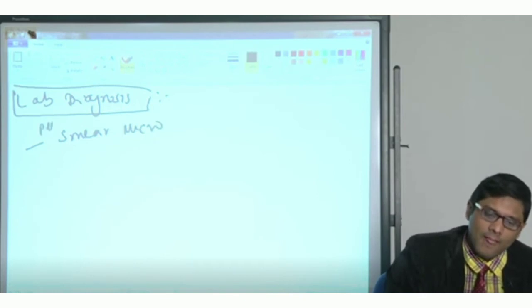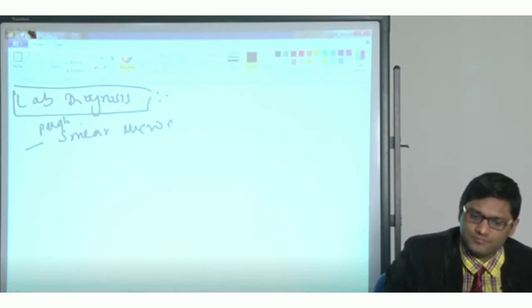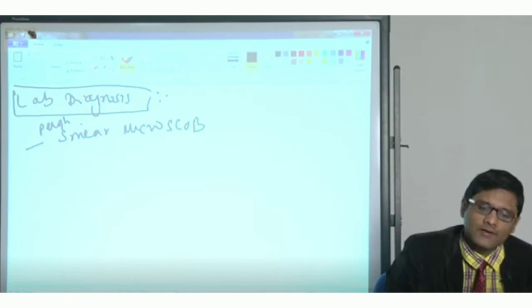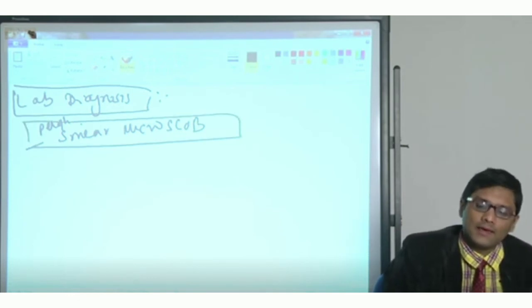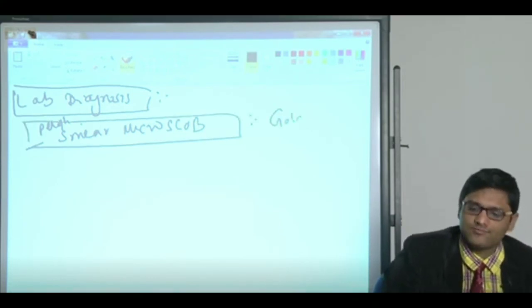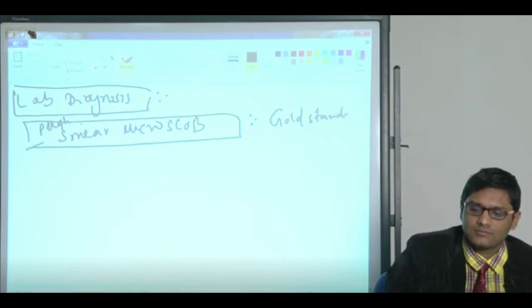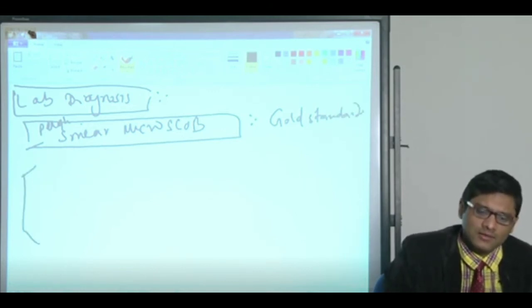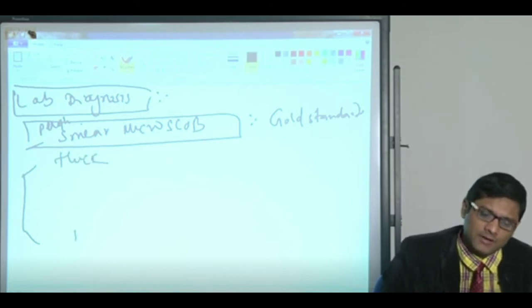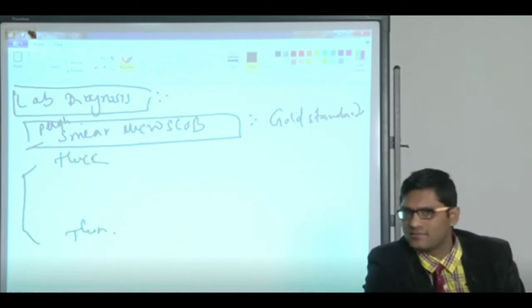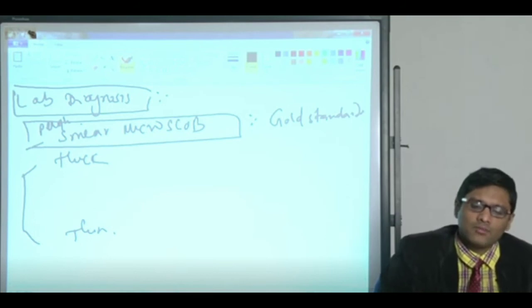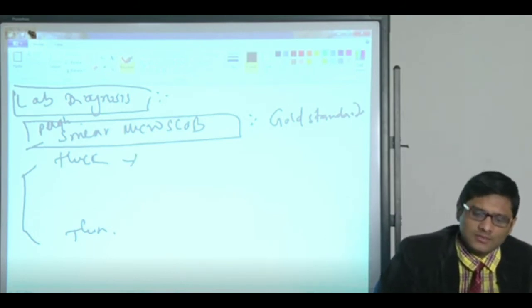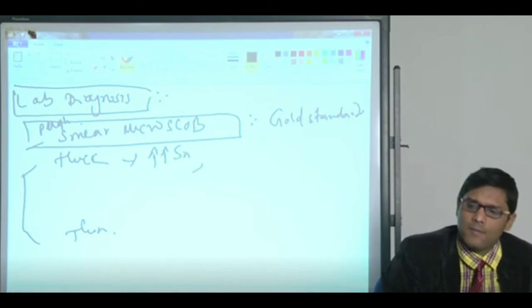Peripheral smear microscopy is still the gold standard method. There are two smears available, thick smear and thin smear. Which is better? Which is more sensitive? Where the amount of blood is more? In the thick smear the amount of blood is more, hence it is more sensitive.